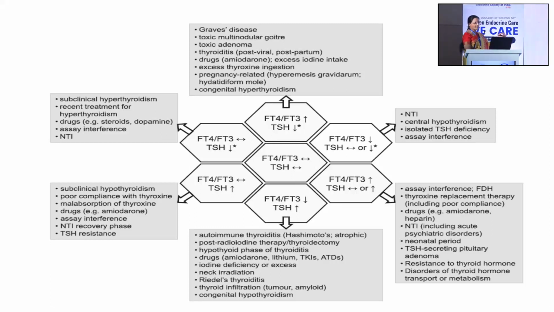But it can be seen, suppose, with poor compliance. The patient was non-compliant but started treatment recently, so there is normalization of T3, T4, but TSH has yet to become normal. And when free T3, T4 are normal and TSH decreased, that is subclinical thyrotoxicosis.